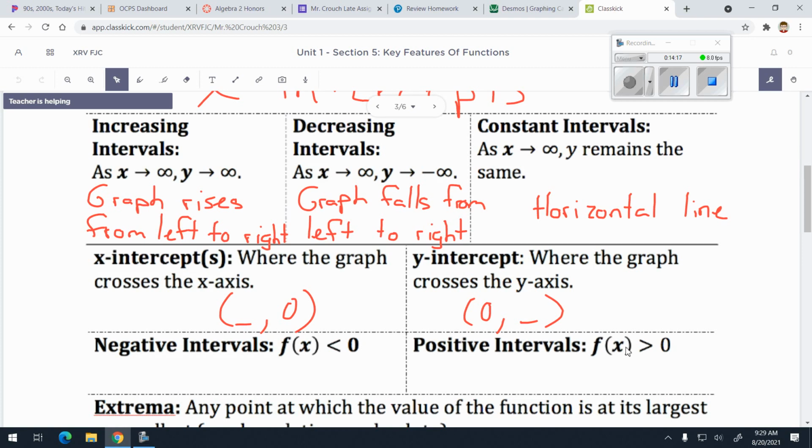Negative intervals are when your y value is less than 0, meaning when is the graph below the x-axis? Your positive intervals are opposite. They are when the graph is above the x-axis.